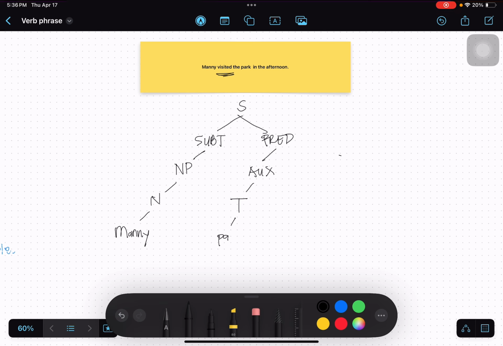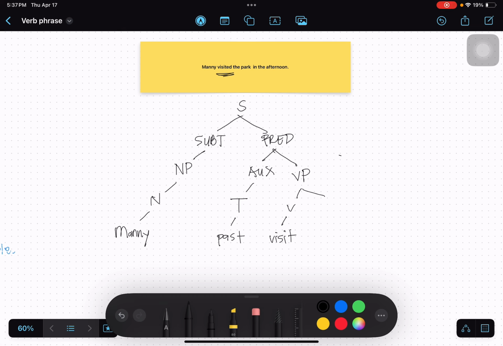So you have to put here past. No need to put singular or third person, first person. We use the +3 and SG if ever there's a subject-verb agreement. So, auxiliary, then we have here the VP. Under the VP, we have the verb, which is visit. I only need the base form. You don't need to put the ED. Okay? So, visited. Here, the park in the afternoon.